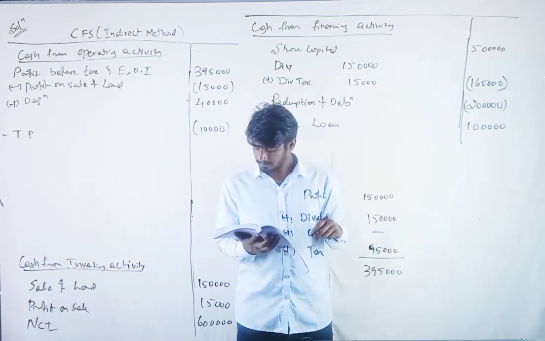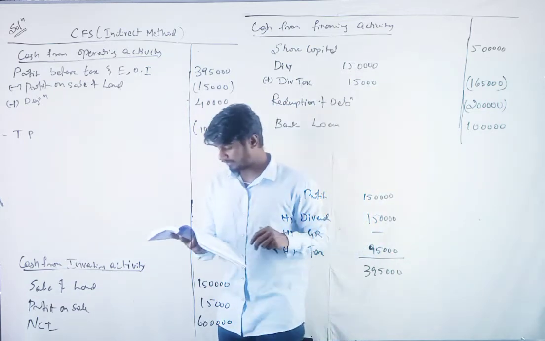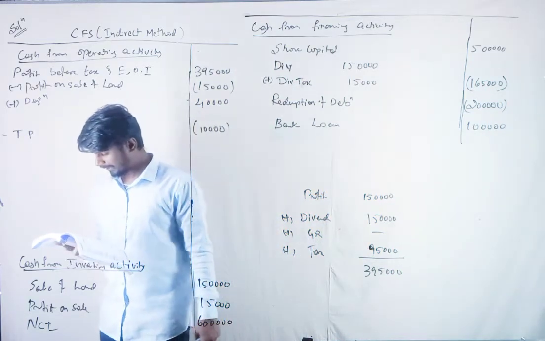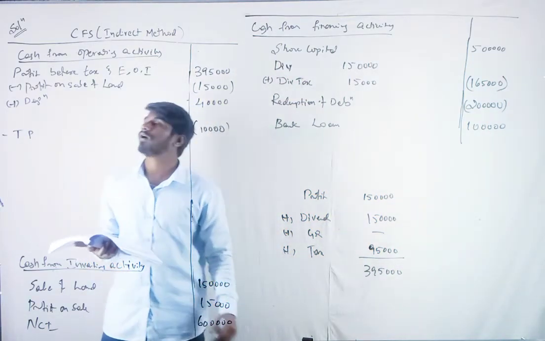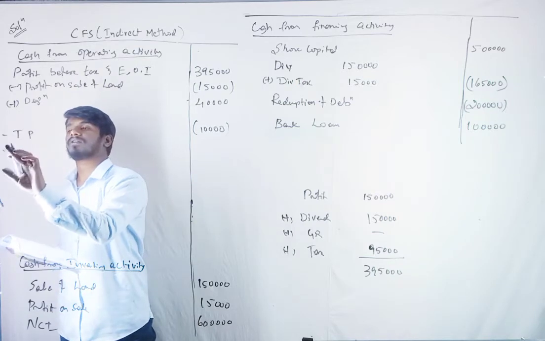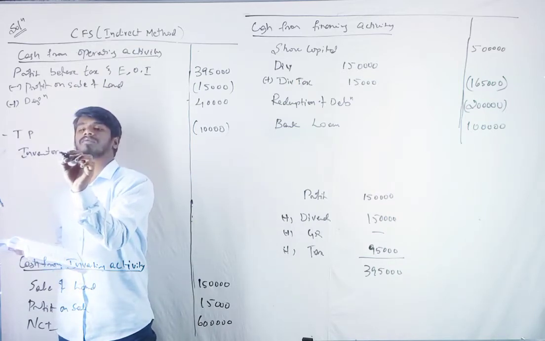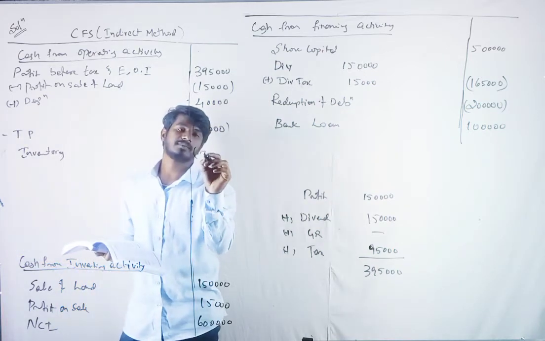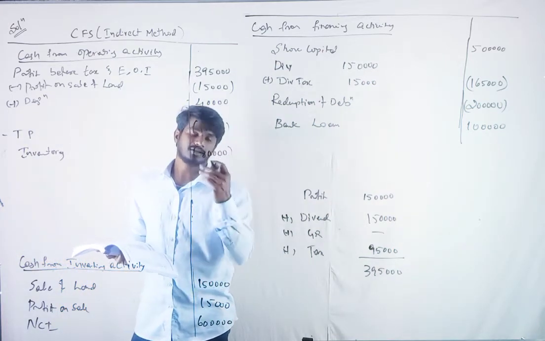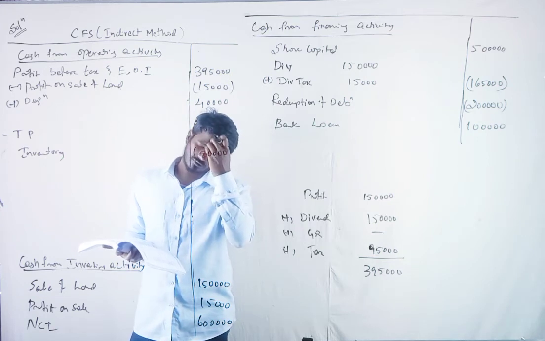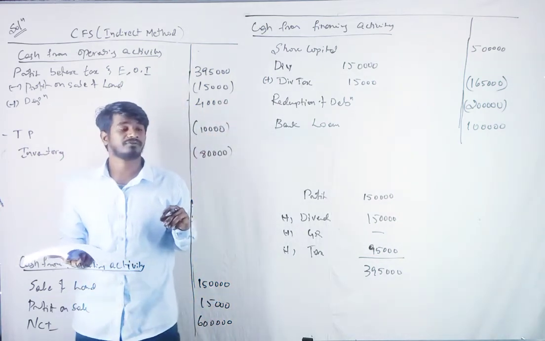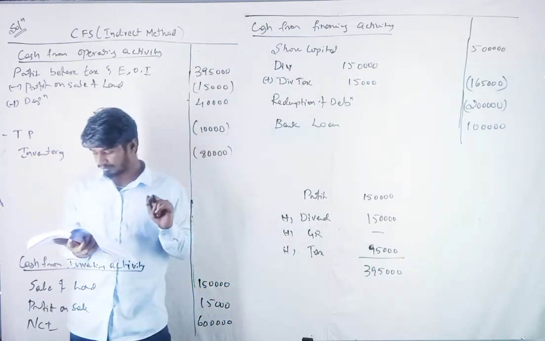Next we have inventories, 80,000 increase. What will we do? If inventory increased, minus, because we might have purchased 80,000 worth of inventory, cash is going out, right?